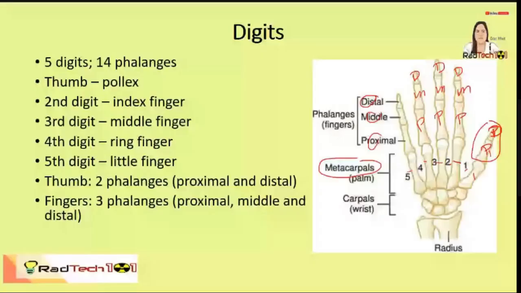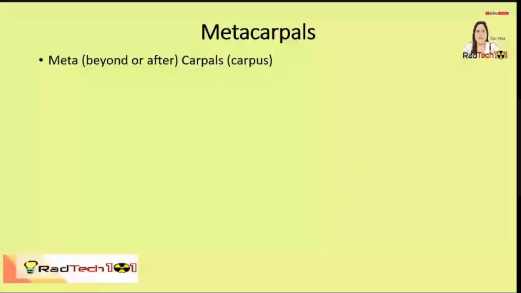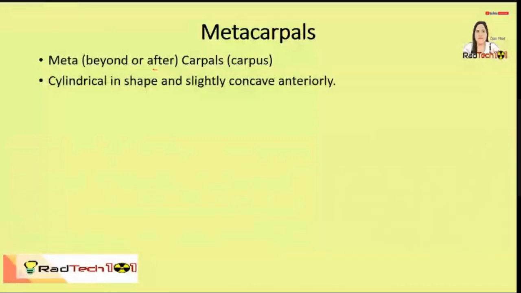These are your metacarpals, which comprise the bones of your palm, or yung palad. And then your wrist, so we have 8 bones that comprise the wrist. They are attached to the radius, and this is the ulna. Then for metacarpals, meta meaning beyond or after, so after your carpals.